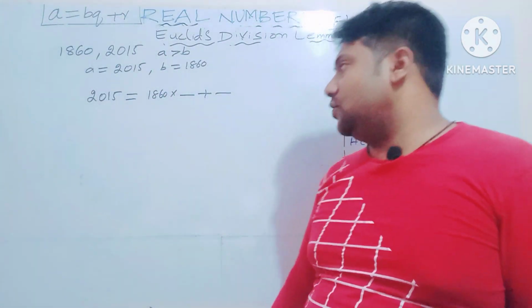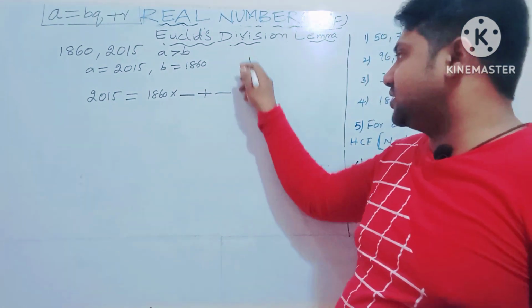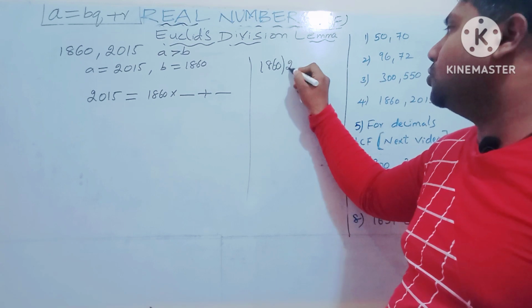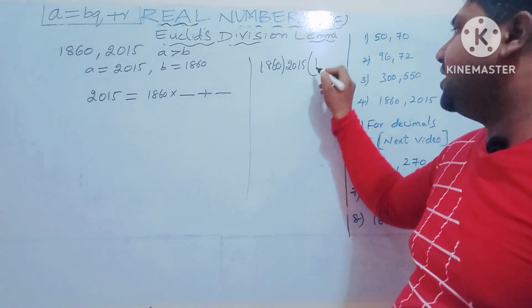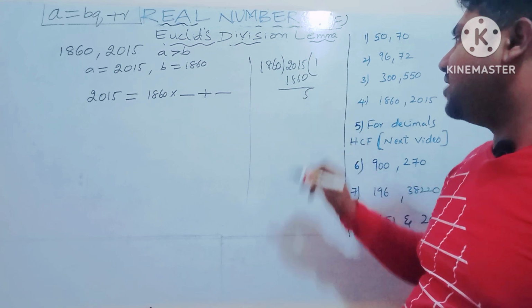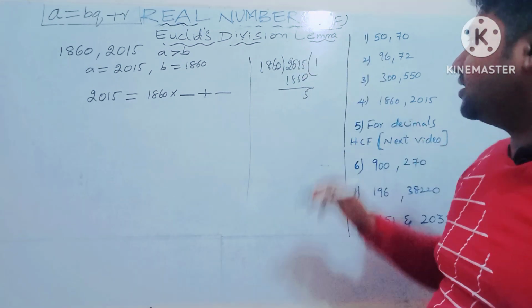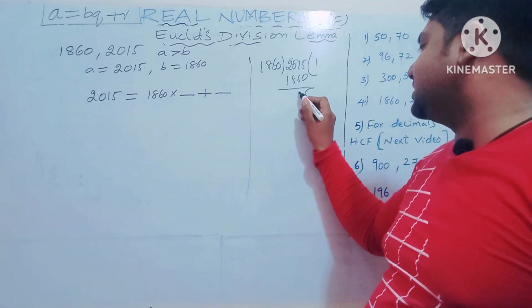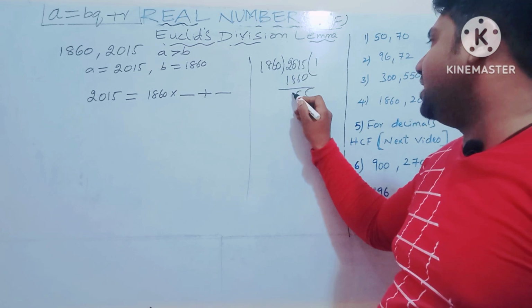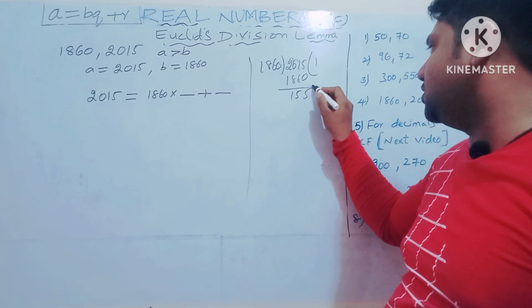So what can I write now? 1860. So let us try here. 1860 ones are 1860. What is remaining here? 5. 11 minus 6 is 5. Then 9 minus 8 is 1. Then 1 minus 1 is 0.